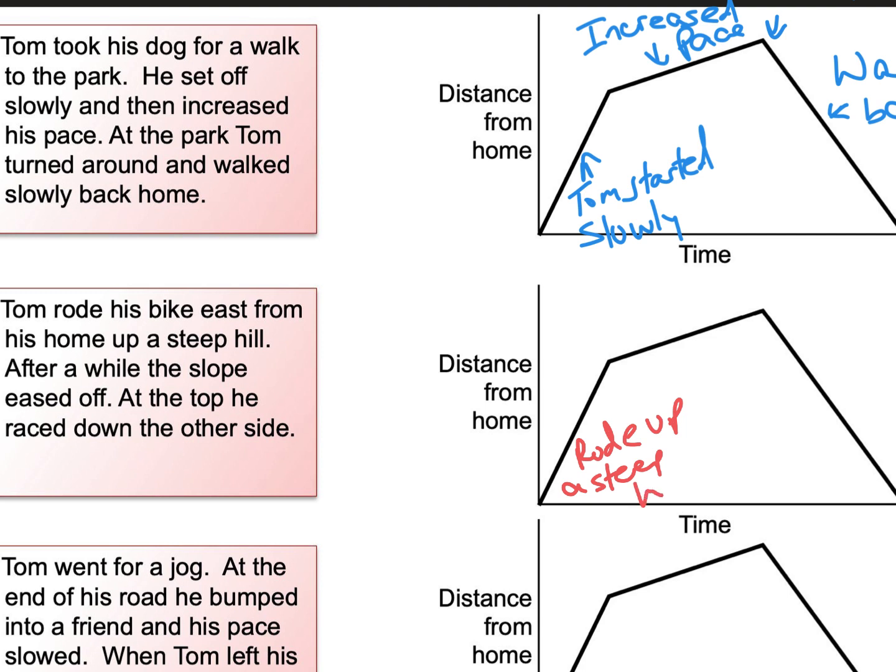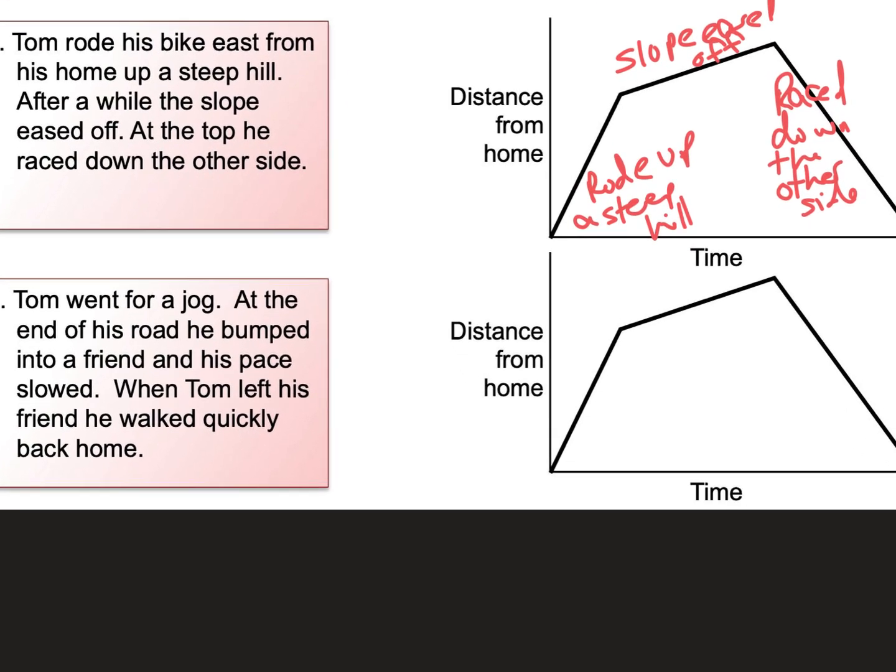And then this part would be the slope eased off. And the last part would be he raced down the other side. Of course, you guys know my handwriting on these is not always great.